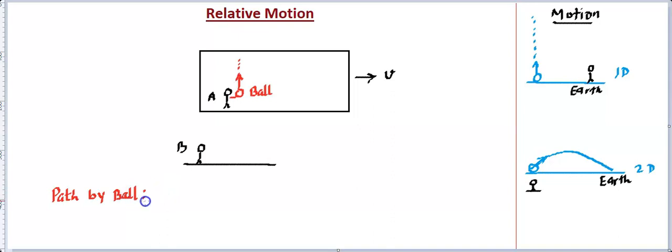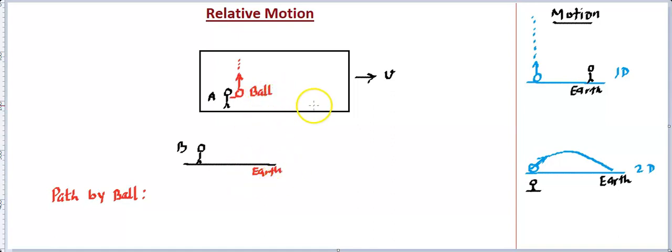If somebody asks what that path is, you will find it's an incomplete question. One has to say with respect to whom. You will find A will be observing a different path of the same object, same motion, and B is going to observe a different path, because B's frame of reference is different from A's.